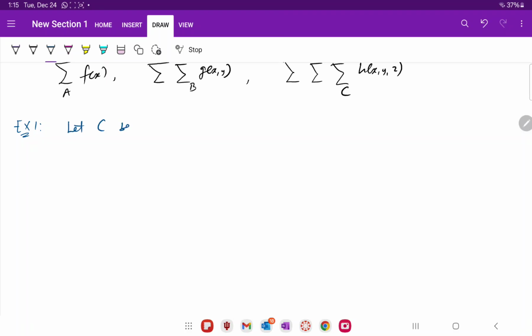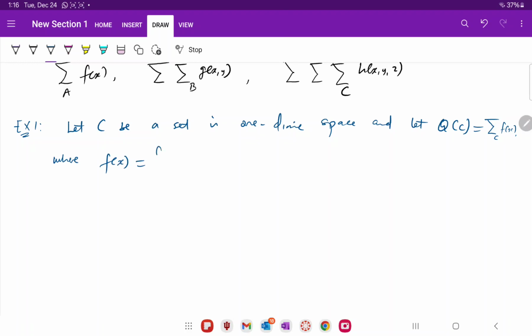Let A be a set in 1 dimension space, and then let Q of C equal the sum over C of f of x, where f of x is defined to be 2 minus x and the support of x equals 1, 2, dot dot dot, and 0 elsewhere.